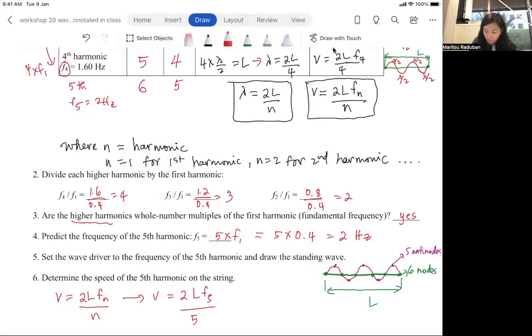Fifth harmonic, of course, means n equals 5. So that will be 2 times the length, whatever length of your string, times the frequency of the fifth harmonic, which is 2, divided by 5.